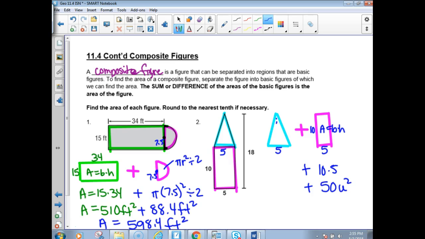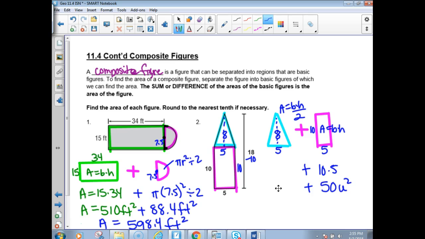What's the height of it? 8. How do we get 8? Since that's 10, you do 18 minus 10 and you get 8 for the height. The triangle's area is base times height divided by 2. You can look up that formula.